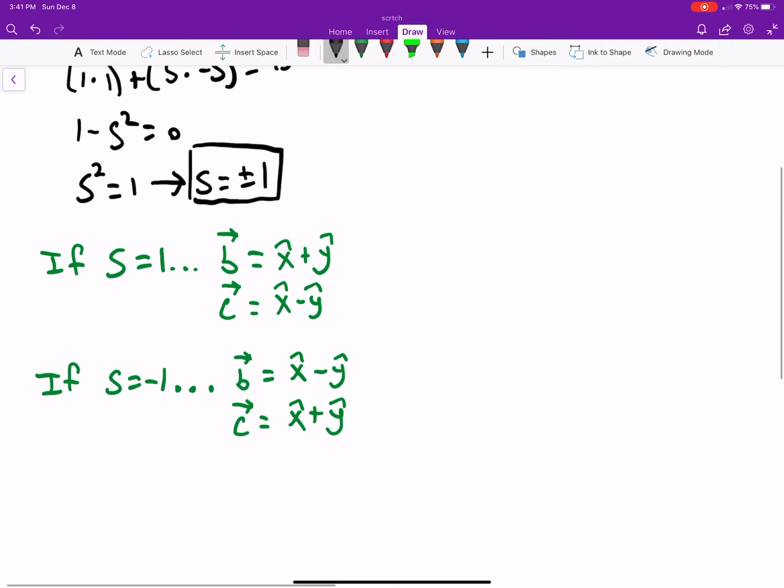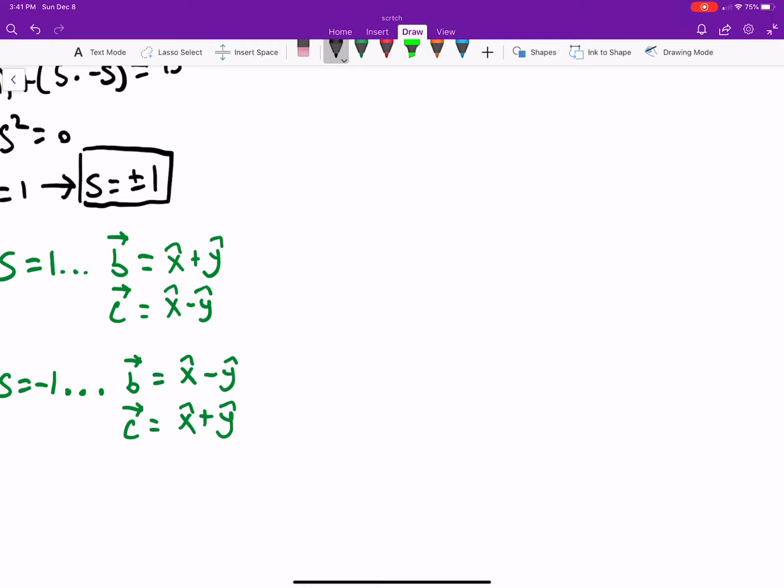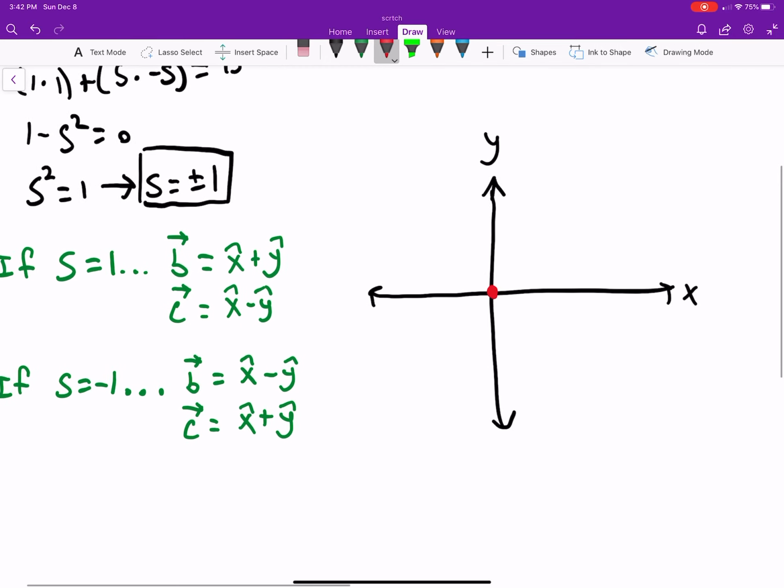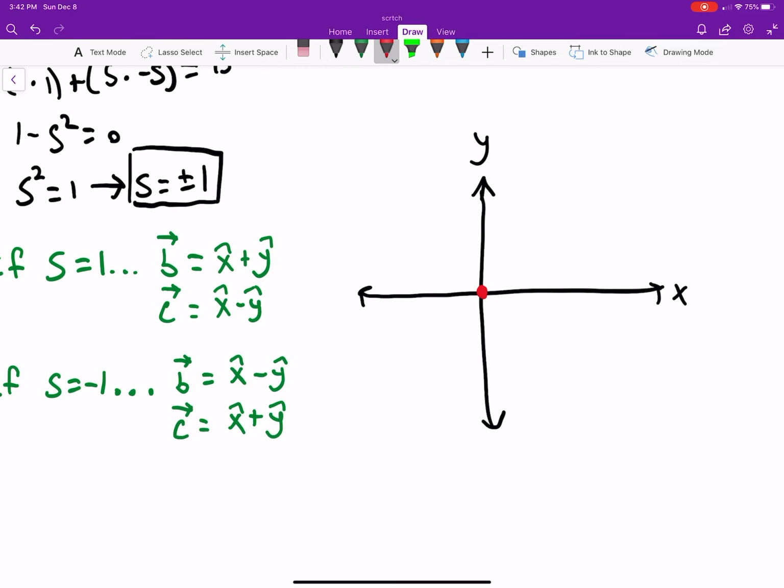Now, what does this mean graphically? Well, it's two-dimensional. We're dealing with x and y's. We have our origin here at the center. And for the first one, we have the point 1, 1.